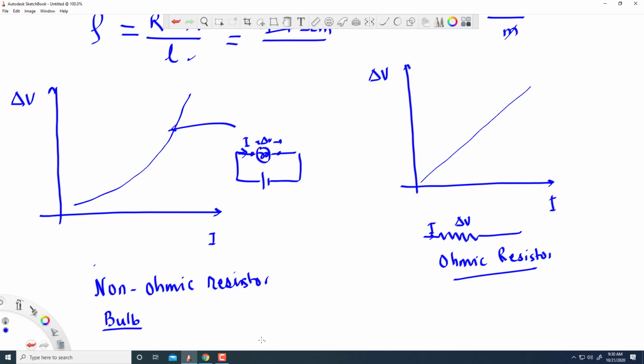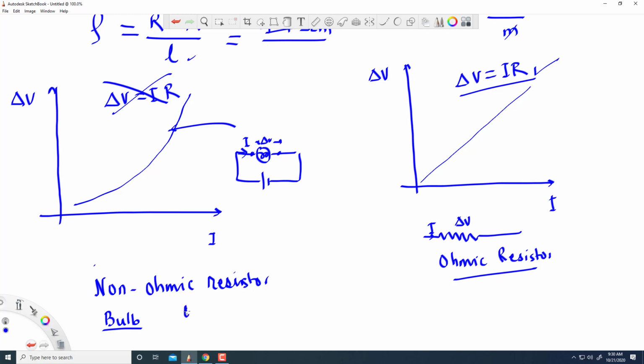So in a non-ohmic resistor, you cannot use this. This cannot be used. You can use this Ohm's law only in this kind of relationship. In the normal resistors, that's true. So we won't be dealing with any component that is non-ohmic.